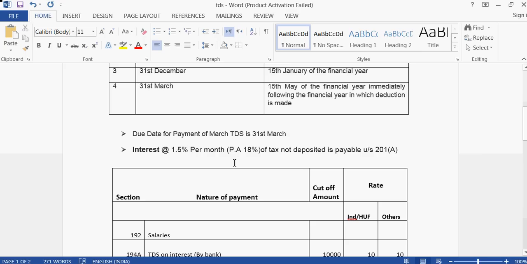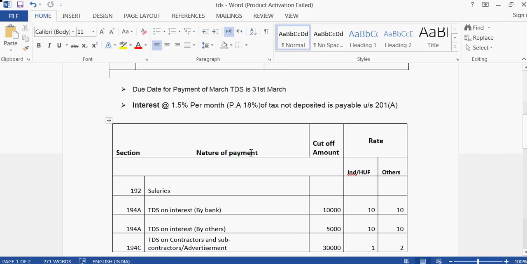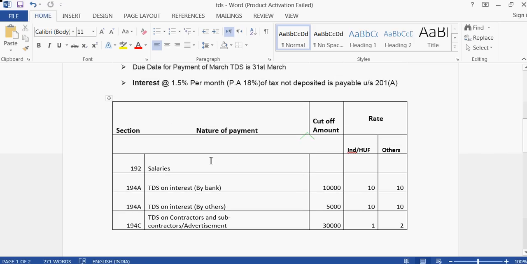If we delay, interest will be applicable at 1.5% per month, 18% per annum, under section 201A.